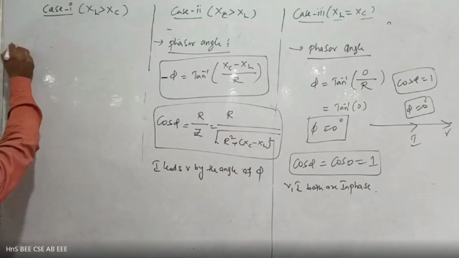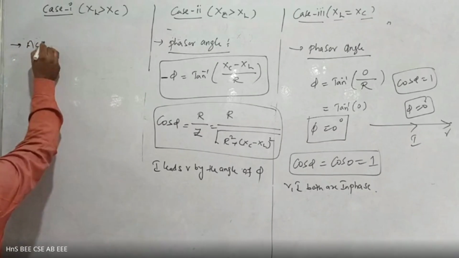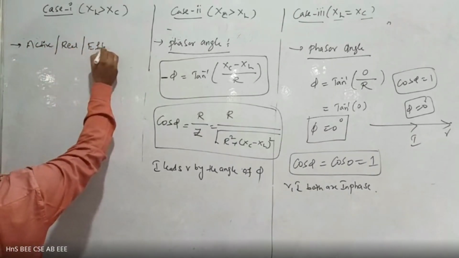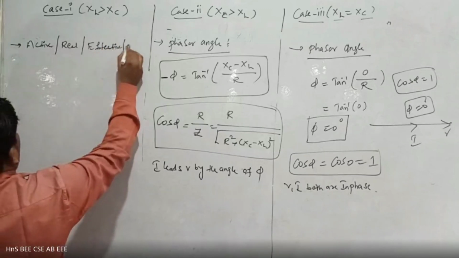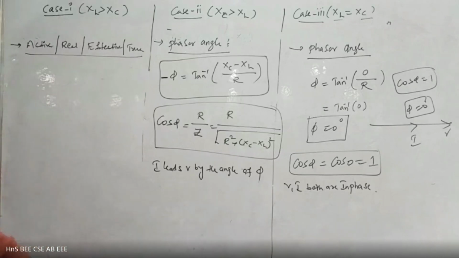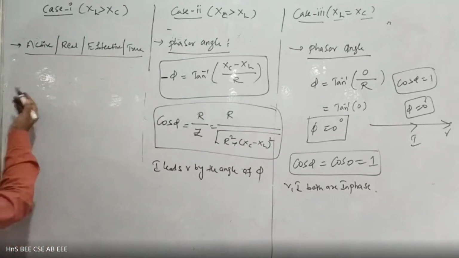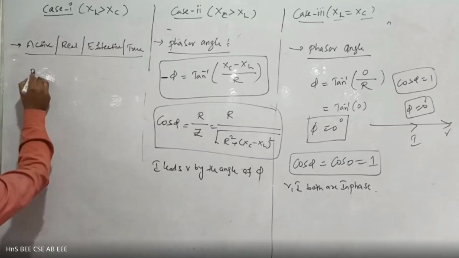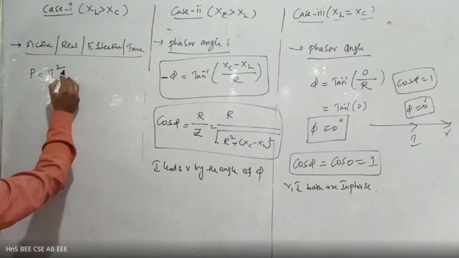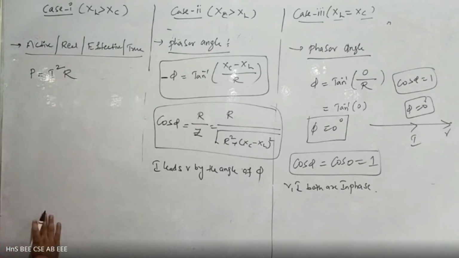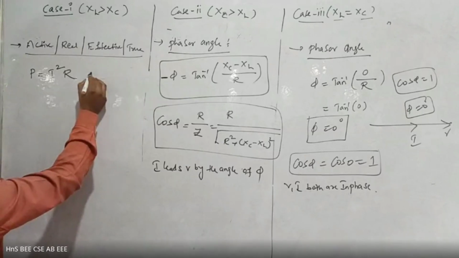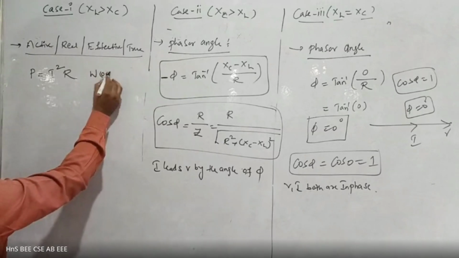Now coming to the active power formula. Active power is also called real power, effective power and true power. All are the same. Active power is represented with P, and P equal to I square into real part. Which is the real part? Resistance is the real part. This is one of the formulas for active power. The units are watts or kilowatts.